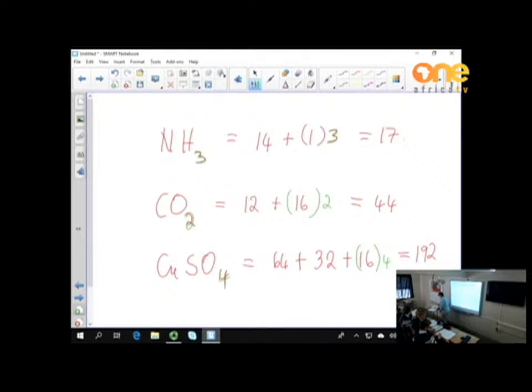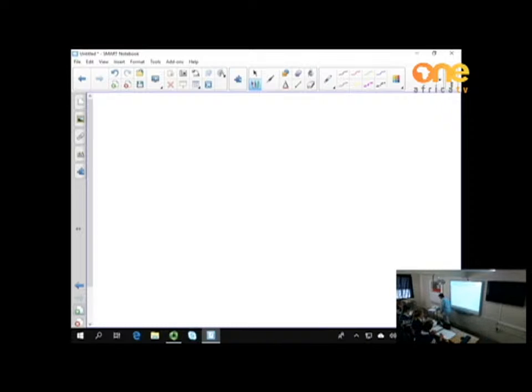And lastly, we had glucose, a sugar molecule. Oh, did you only do up till C? All right, let's do glucose, C6H12O6. Well, it is going to be 6 times carbon, which is 12, plus 12 times hydrogen, which is 1, plus 6 times oxygen, which is 16.